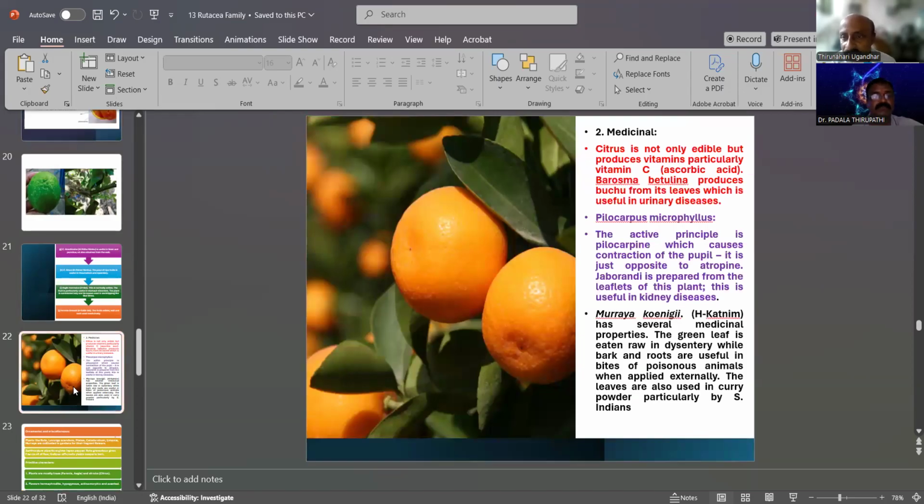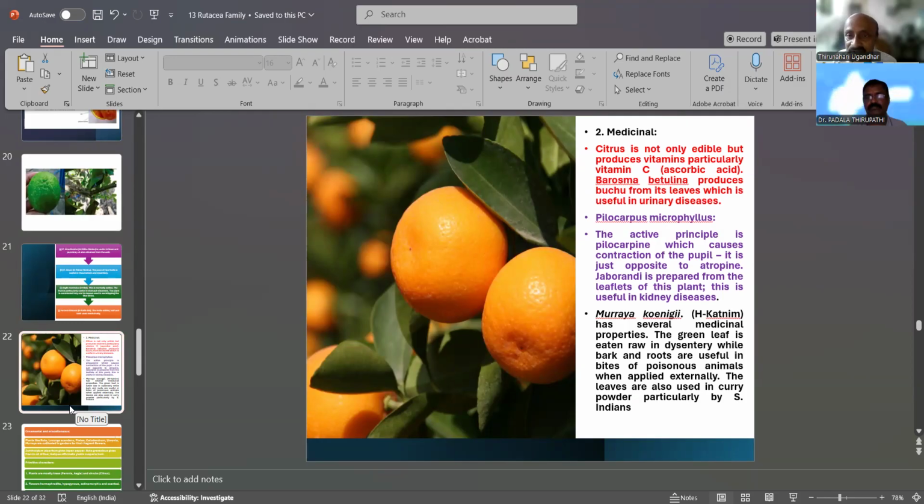These are the main characters and the medicinal value of the fruits. Citrus is not only edible, but it provides vitamins, most importantly vitamin C, also called ascorbic acid. Barosma betulina produces a buchu from its leaves, which is useful in urinary disease.